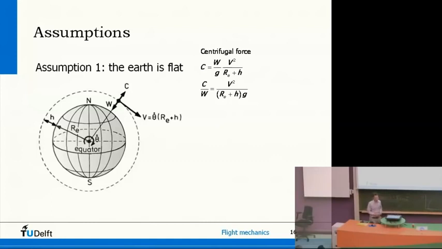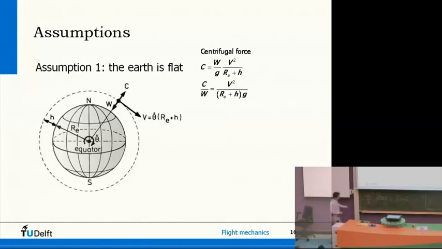Now, the centrifugal force is basically this: m v squared over r. Now, if you look at the top equation, then in our case, m is actually the weight of the aircraft in newtons divided by the gravitational acceleration. V squared is simply how fast the plane is flying.